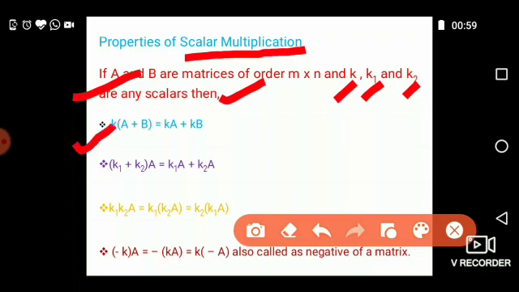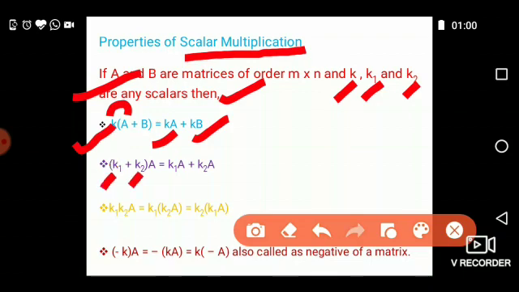first property, K into A plus B is always equal to KA plus KB. That is another matrix. Therefore, any real number can be multiplied to the sum of any two matrices. Moving to the next property of scalar multiplication.